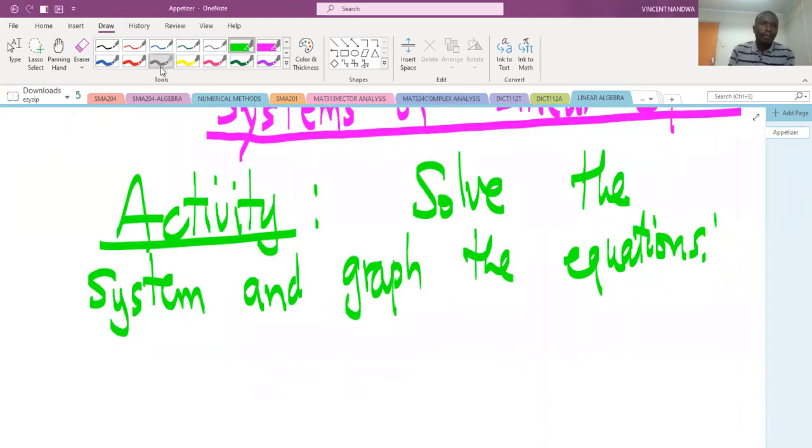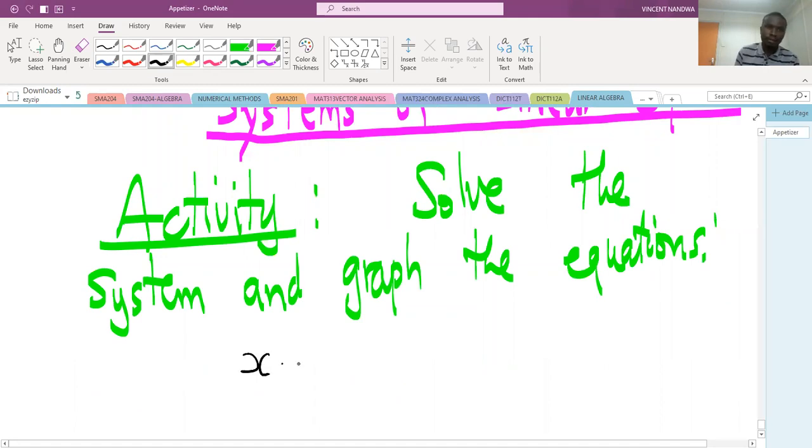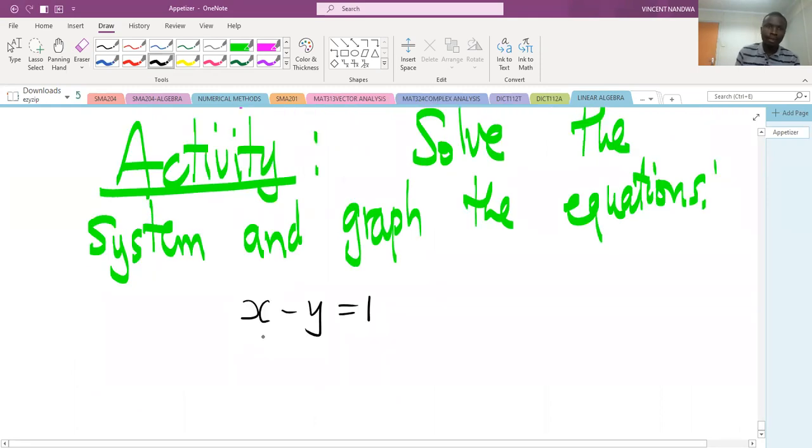So the first one, we have x minus y equals 1 and x plus y equals 3. So this is the first system of linear equations that we have to solve.